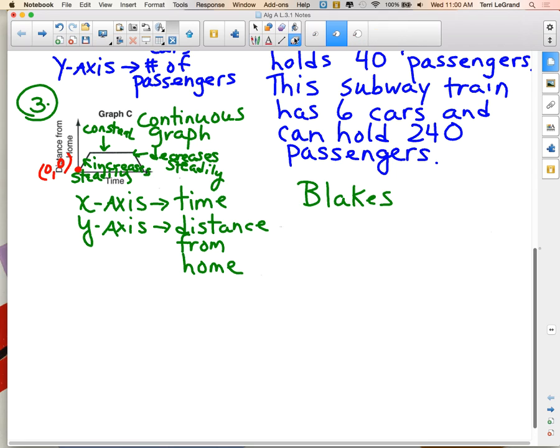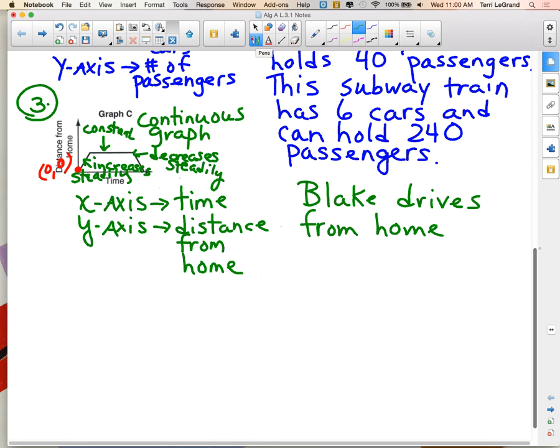Blake drives from home onto the interstate. Remember, we have to talk about what should be increasing. Is it speed? No, what does it say? Distance from home. So how far he is from home should be increasing, right?